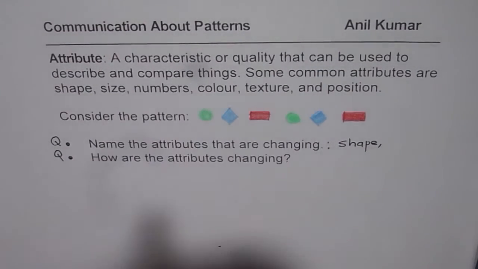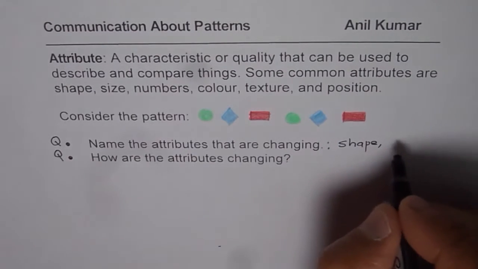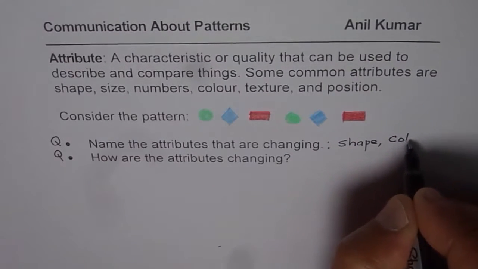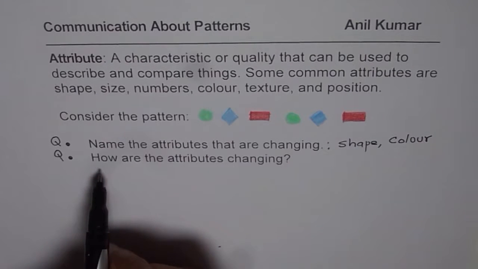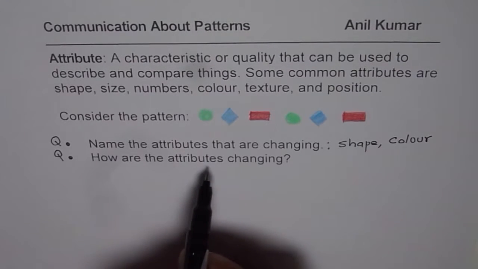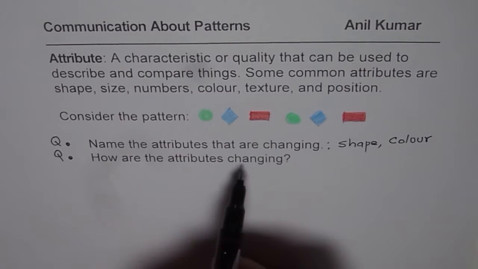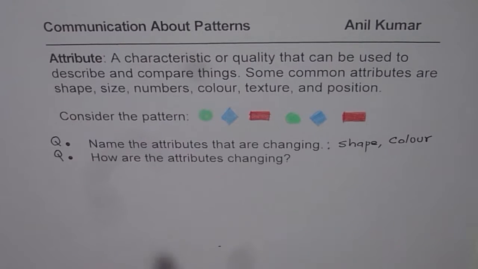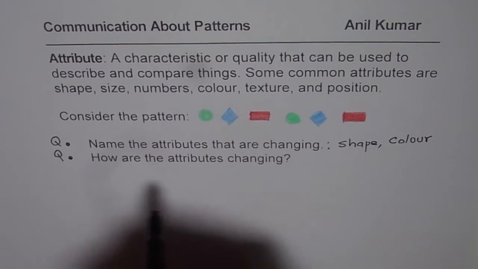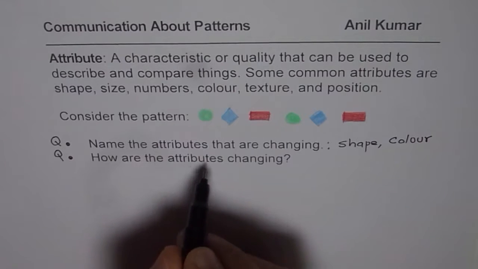And the other attribute which is changing is color. So these are the two attributes which are changing. Now, the second part of this question is, how are the attributes changing? That really means we have to describe how shape is changing and how color is changing, correct? So let us describe that part.